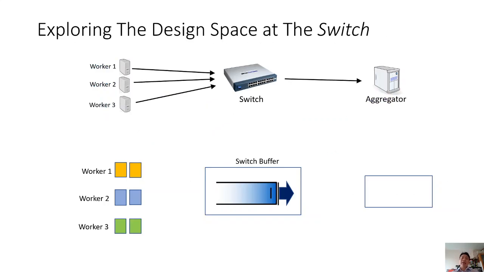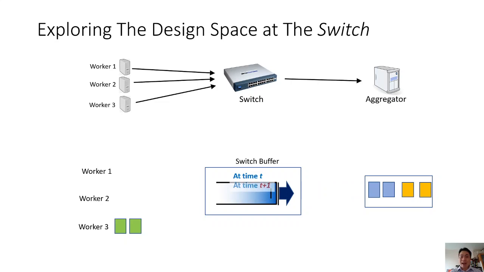So now let's explore the design space at the switch. We have a case study here. We have 3 workers trying to send data to an aggregator through a switch. At time t, worker 1 and worker 2 send packets, and they arrive at the switch buffer at time t. Afterward, these 4 packets are drained.